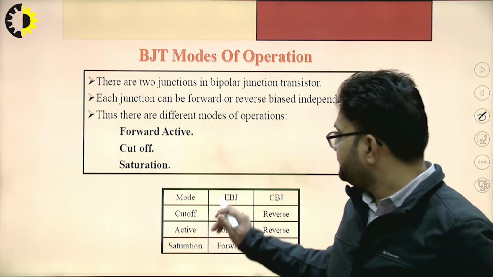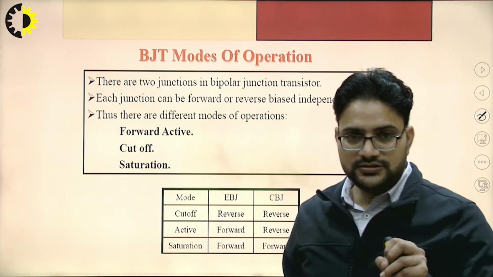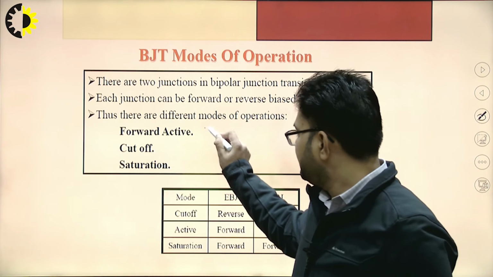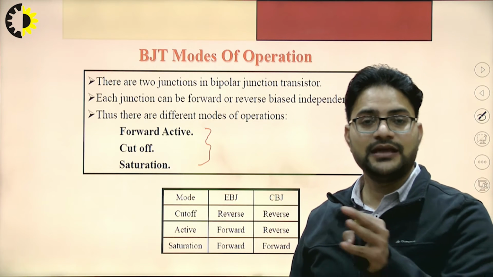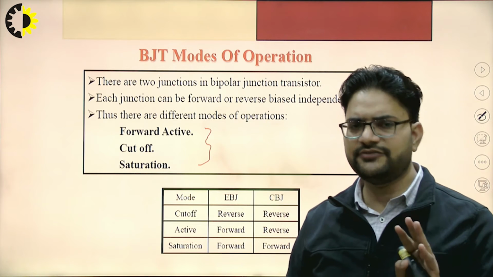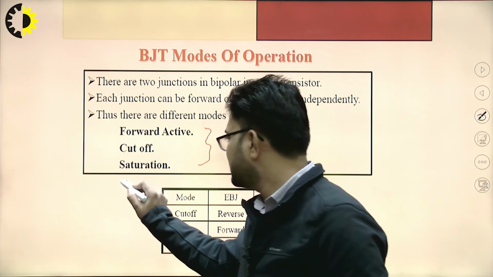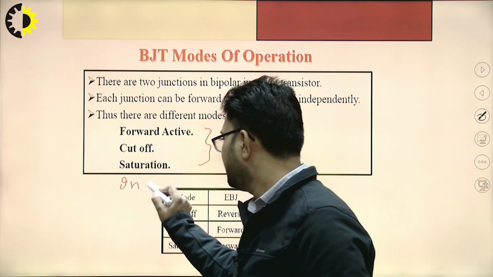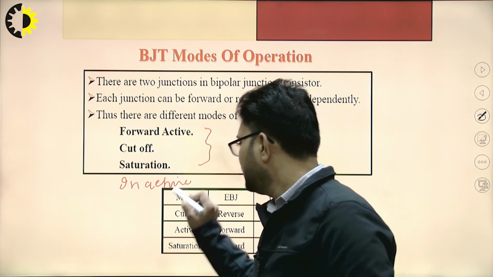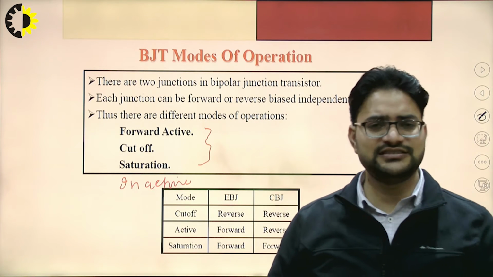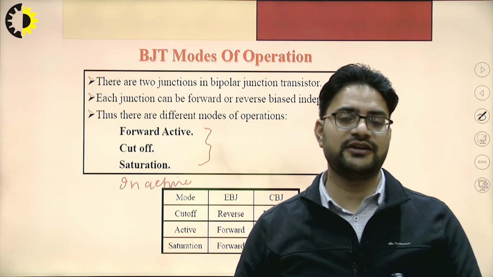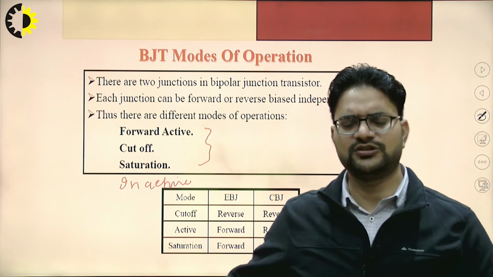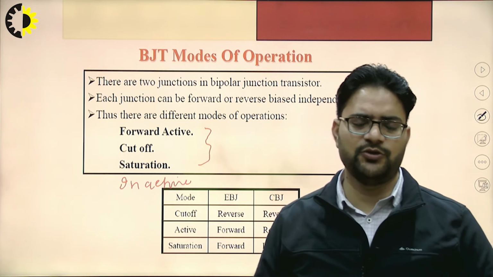So 3 different modes are there in accordance with the applications. Otherwise, there are 4 different types of modes. Inactive mode is also there. This inactive mode is rarely used for amplifying purposes, and is not used nowadays, right?